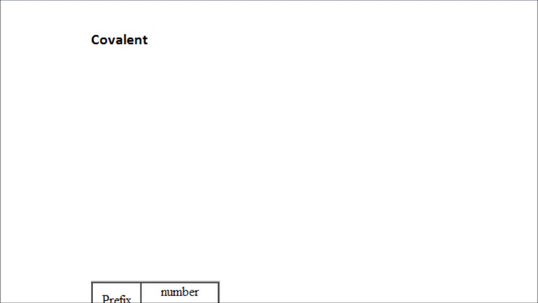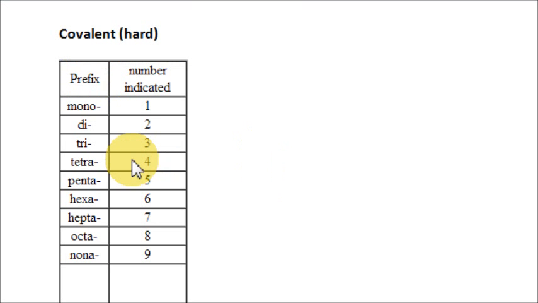Anyway, covalent bonding. This is hard. Still not that hard, but it's hard. For covalent bonding, there are two rules that must be followed, for the most part. This is where this little table comes in.